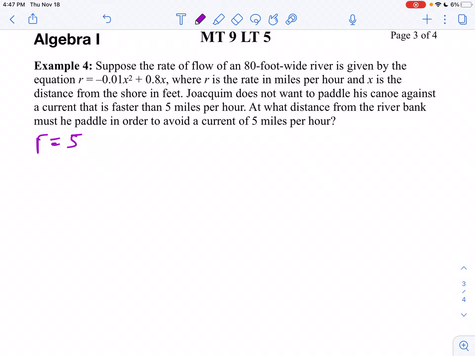In other words, on this particular problem, we want r to equal 5. So I'm going to put 5 equals negative 0.01x squared plus 0.8x. Now notice I got this coefficient of x squared of being negative 0.01, so I want to get rid of that. So I'm going to divide everything by negative 0.01.